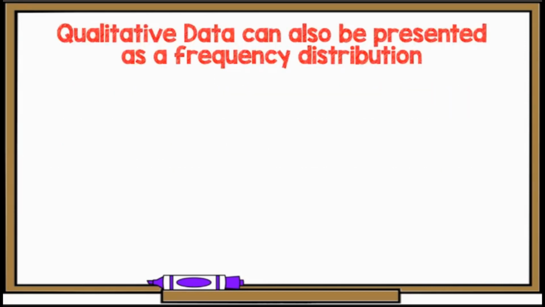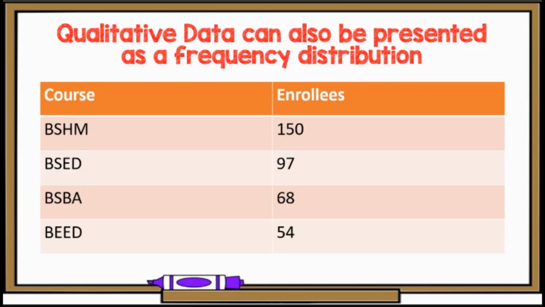Now, hindi naman limited yung frequency distribution sa quantitative data lang. During our first lecture, week 1, lecture 1, I mentioned there that qualitative data can also be treated numerically. Kasi pwede mo naman silang i-count. For example, these are qualitative type of data, yung courses natin. BSHM, BSED, BSBA, at saka BEd.